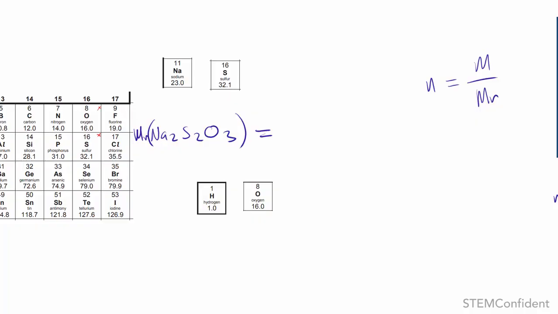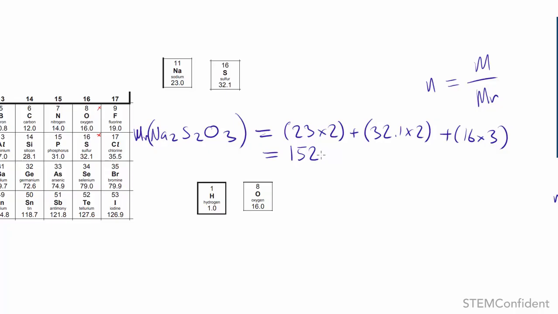And so adding up the relevant relative atomic masses, and also factoring in the frequency that they occur in the formula, that's going to be 23 times 2 for Na2, plus for the sulfur, it's going to be 32.1 times 2, and for oxygen, that's going to be 16 times 3, right? And so that's going to give us our molar mass for this, and that's going to be 158.2, right?